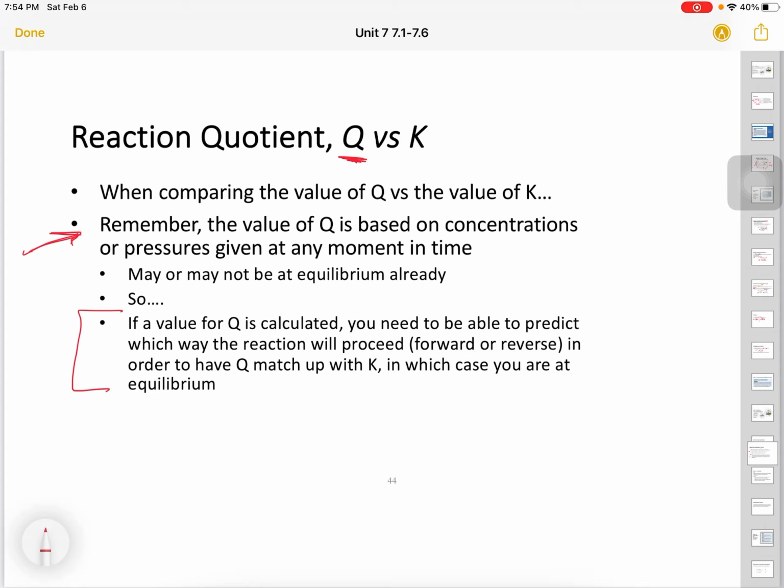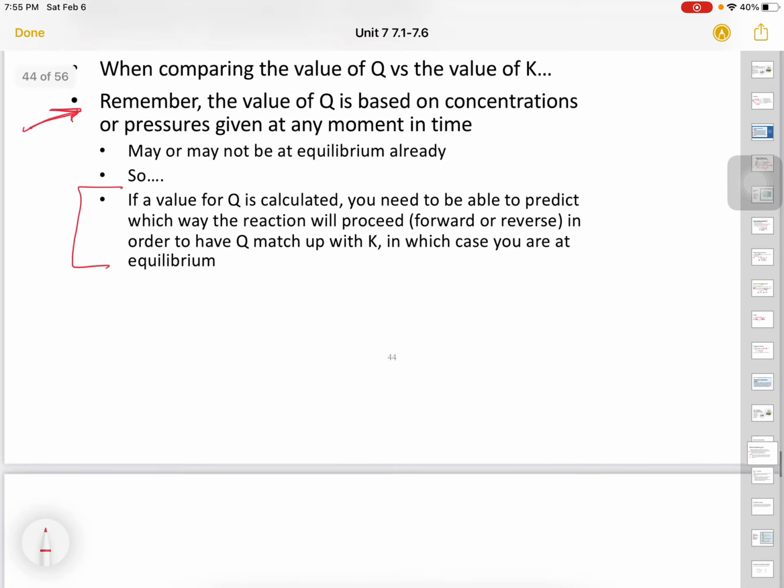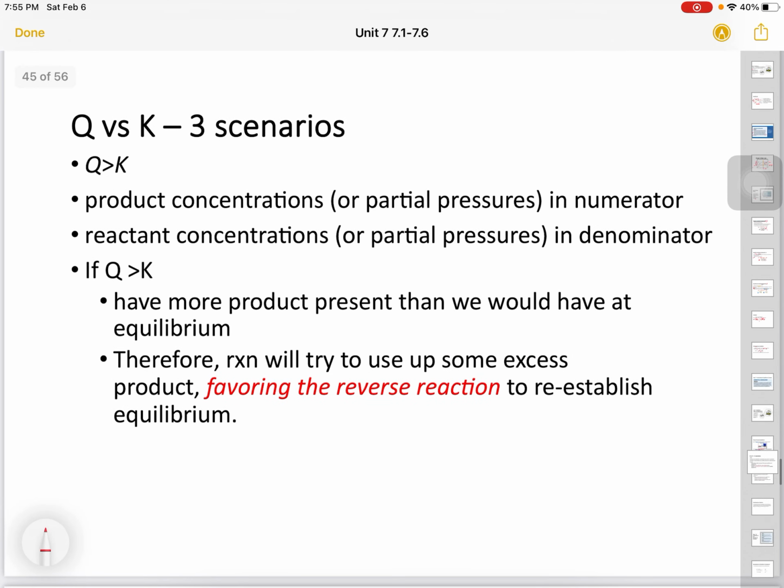I'm not quite sure. But once I calculate this value and compare it to the actual K value of a system, I can predict which reaction, the forward or reverse process, would be favored in order to get my system to hit equilibrium if it's not there already. So that's what we're going to look at now.